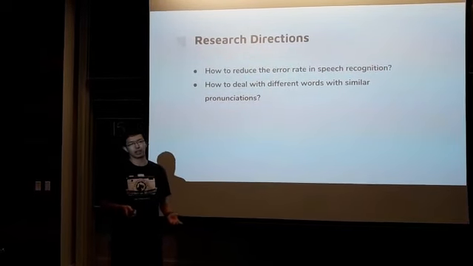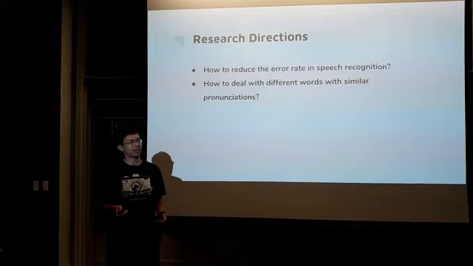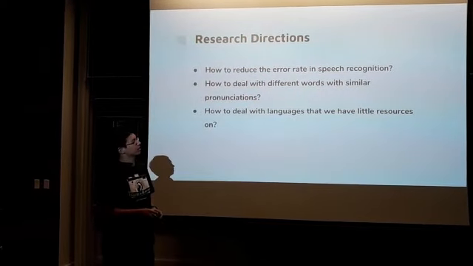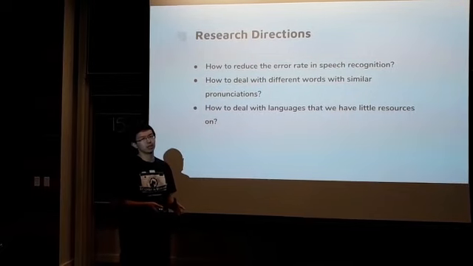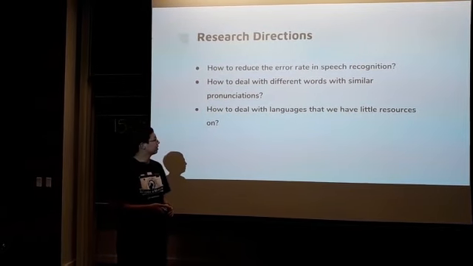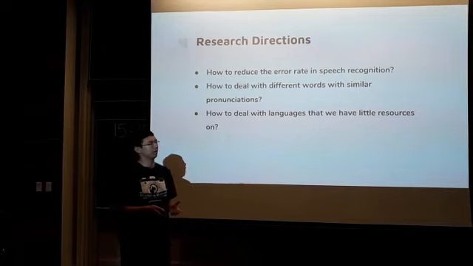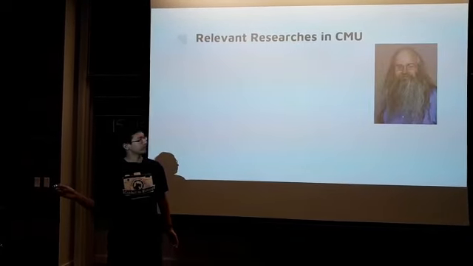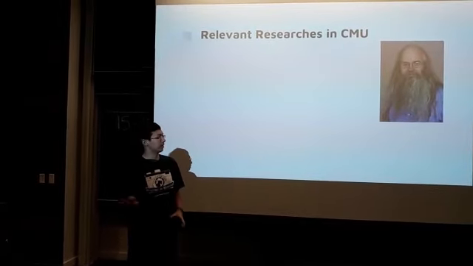That's actually a big issue in many languages, including English. And also, for some languages we don't have much data, so it might be very hard to build a machine learning based model, and so on.